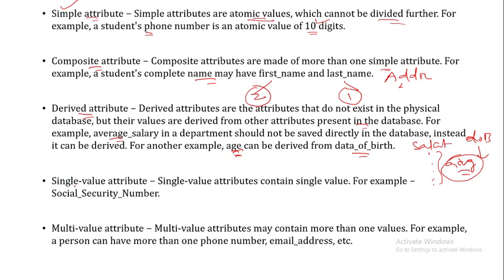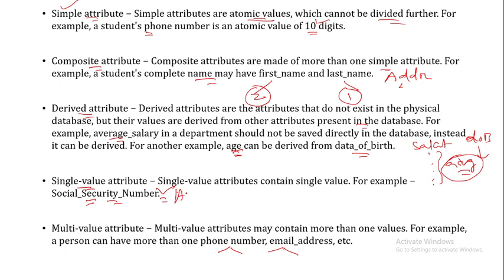Next come single valued attributes. Single valued attributes contain a single value, for example, a social security number. And what is multi-valued? Multi-valued attributes may contain more than one value. For example, a person can have more than one phone number, and obviously more than one email address, but a person cannot have more than one social security number. A person cannot have more than one Aadhaar number.